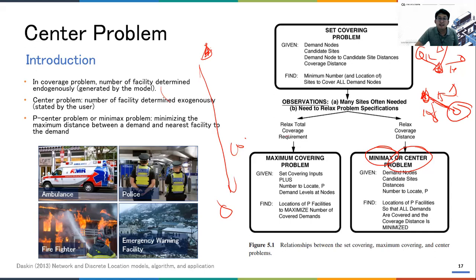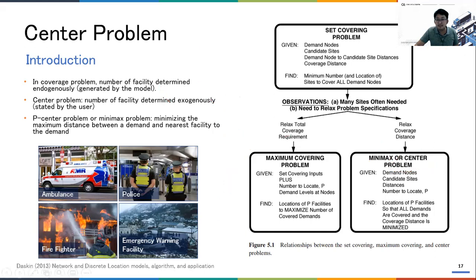It is better to be able to reach that in 10 minutes instead of saying that it's not going to be covered, right? So this is the concept of center problems. You assume that all demand can be covered, but the time or distance will be different for one particular demand compared to another. That's the thing that you want to minimize.